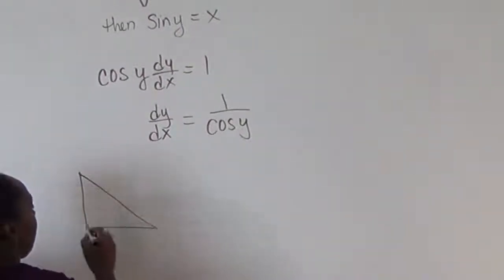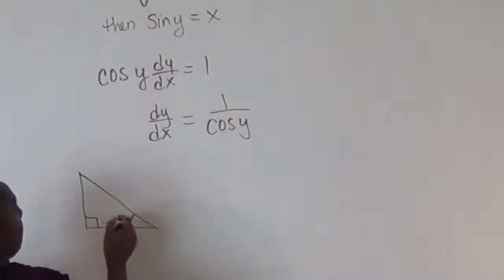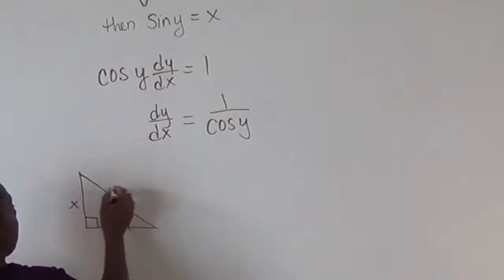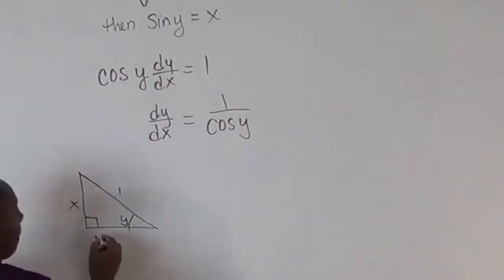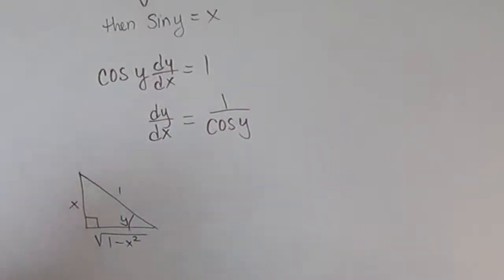If you recall when we evaluated trig functions of arbitrary angles, here y equaling the inverse sine of x says that if I look at the angle y, the sine is going to be x over 1. And so by Pythagorean theorem, we can see that this is going to be the square root of 1 minus x squared. Okay?